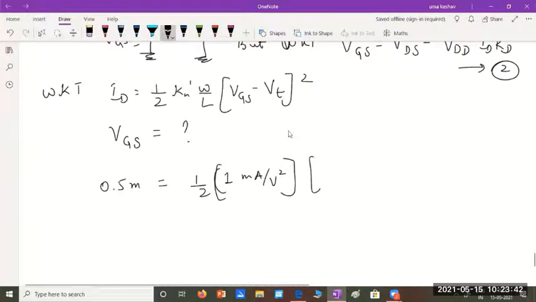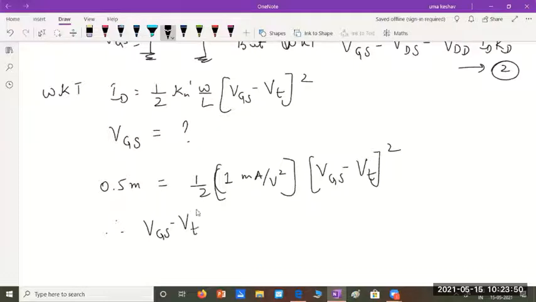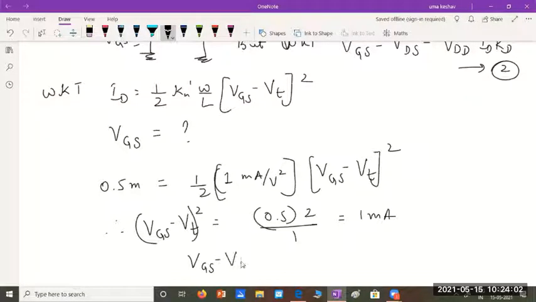Can you find this value first? Just find what is VGS minus VT from this. Therefore, VGS minus VT whole square, what do I get? 0.5 into 2 divided by 1 milliampere. So what is VGS minus VT? It would be root of 1.